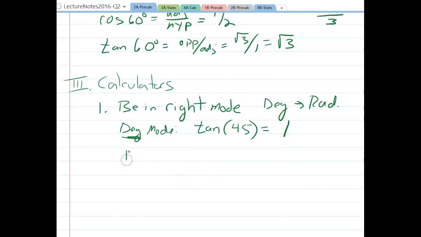However, if I change the calculator to radians mode, and I put in tangent 45, it's going to assume that I mean 45 radians. It's going to give me a different answer.